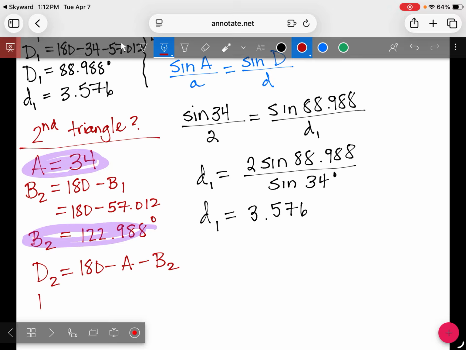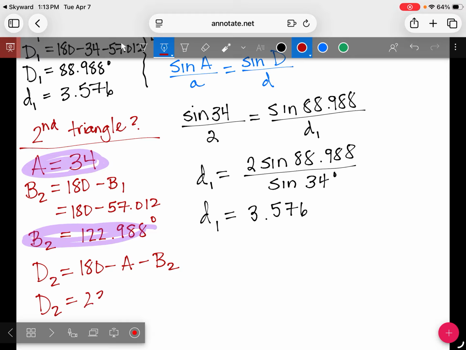So go ahead and see what you get when you take 180, subtract 34, and 122.988 degrees. Did you get 23.012? Okay.